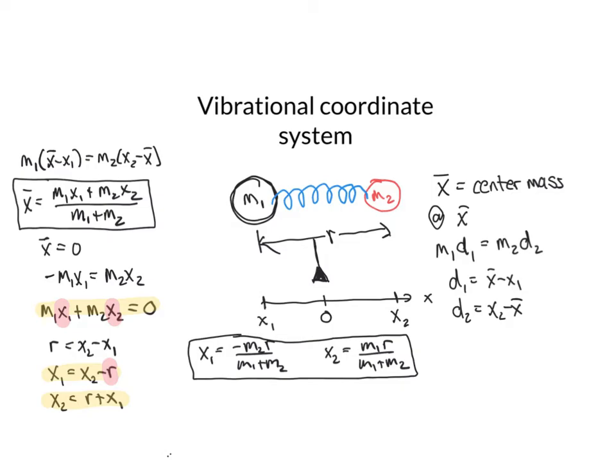What I'm really interested in, though, is the kinetic energy operator, because I want to know what the total energy is for this system. I need to know what the kinetic energy is as my molecule vibrates, and also what the potential energy is, which I know is 1/2 k r squared.